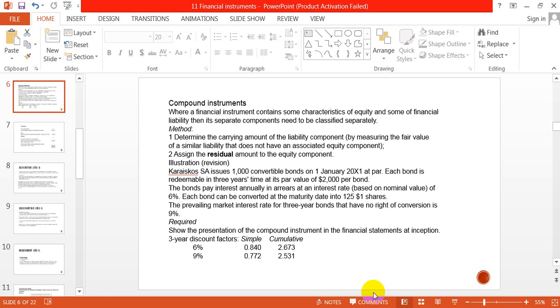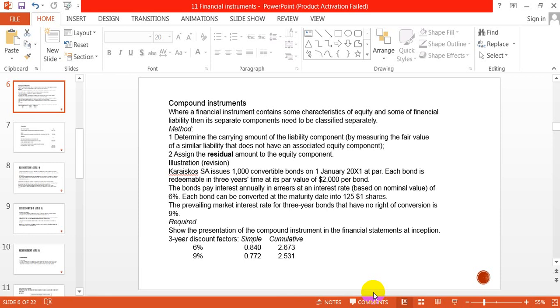Now, this bond is a 1,000 bond. Each bond is 2,000. So the bond has got a total value of 2 million. Interest 6% times 2 million will give us $120,000 as interest.